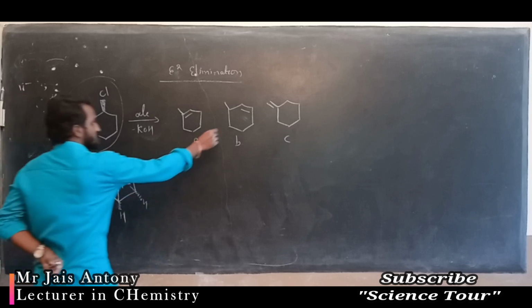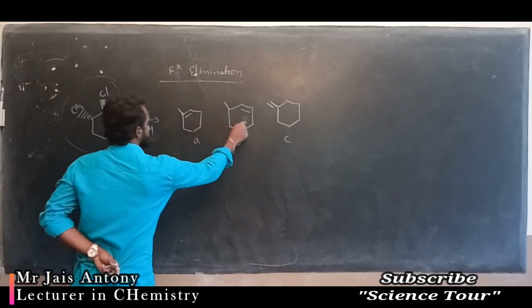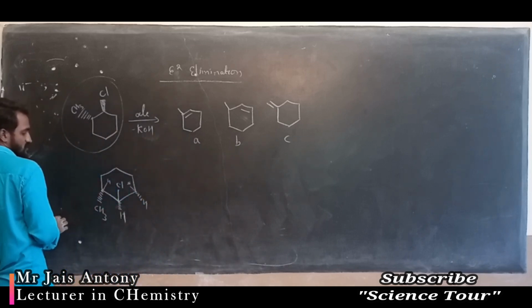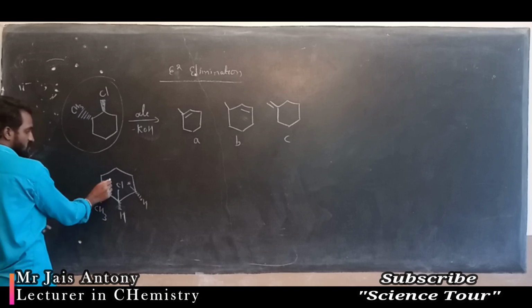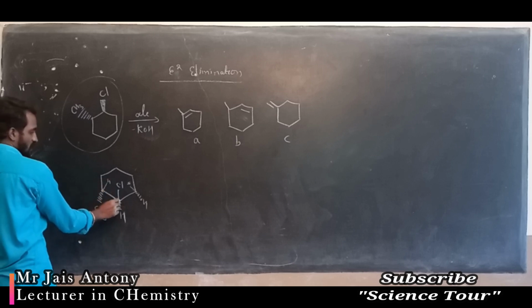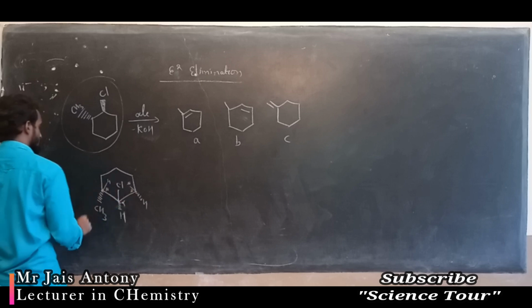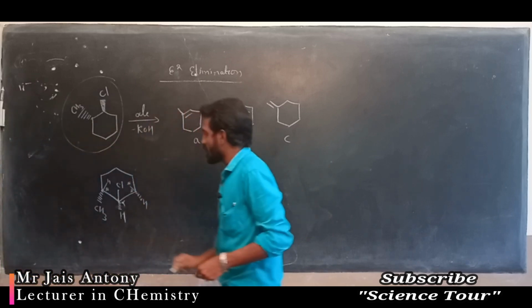Which structure will it form? This question arises, and I will tell you, my dear students. This is the alpha carbon, this is the beta carbon, and this is also a beta carbon. Which hydrogen can I remove?